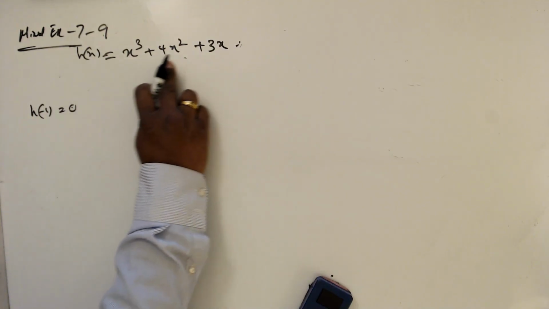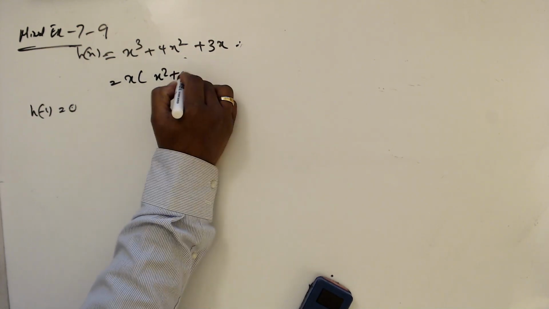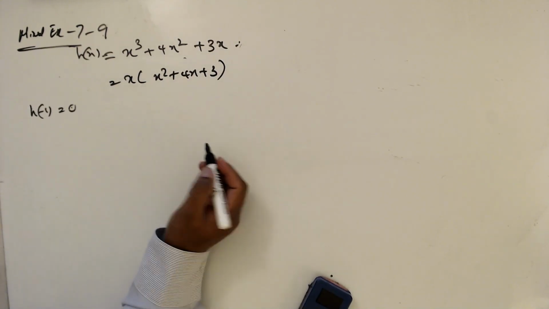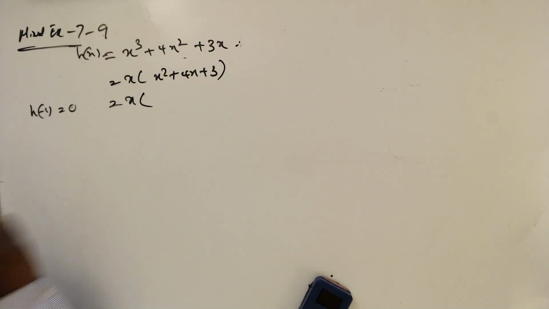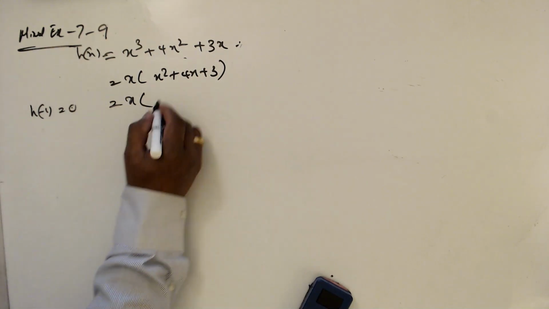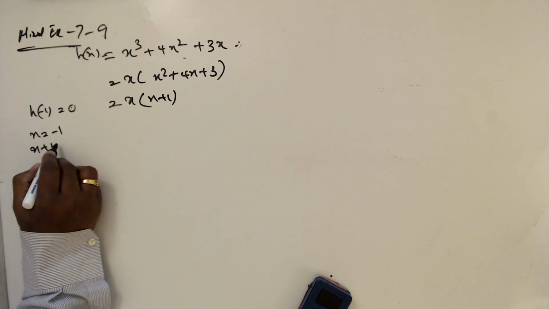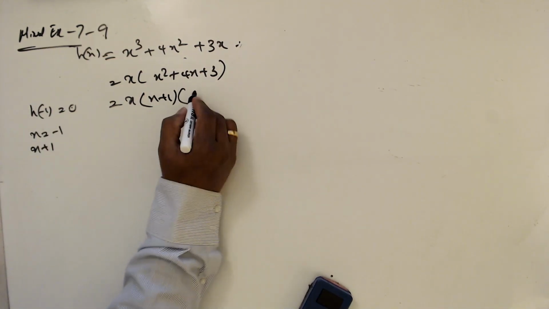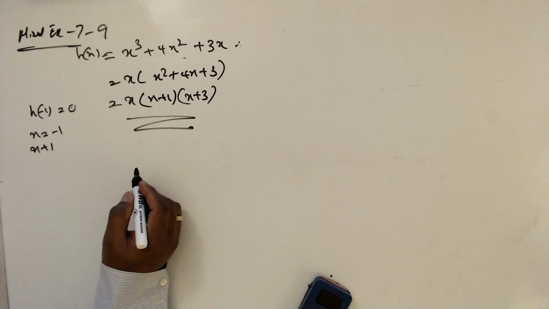I can take x as common here: x times x squared plus 4x plus 3. Now I know x equals minus 1, so x plus 1 should be a factor, because x equals minus 1. x plus 1 is a factor, so then this has to be x plus 3. So yeah, it works, fully factorized.